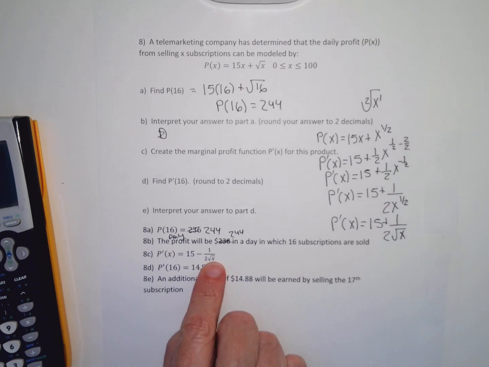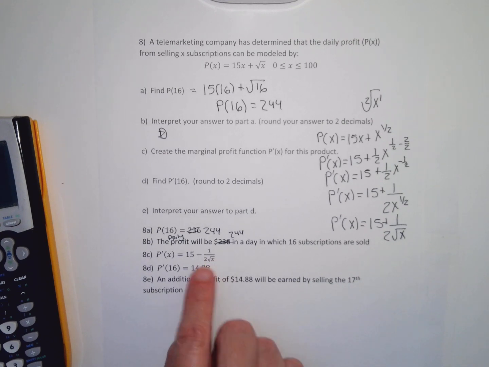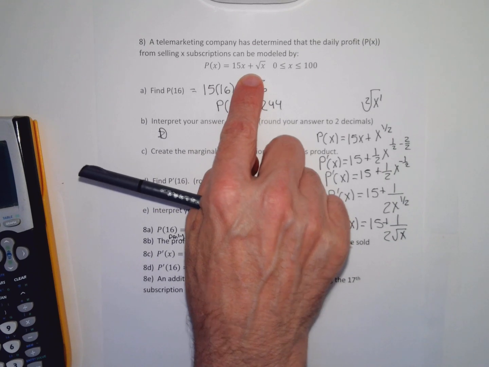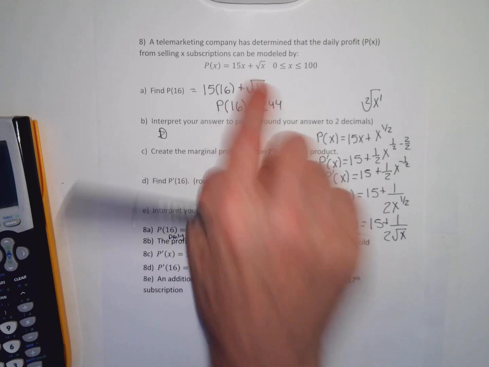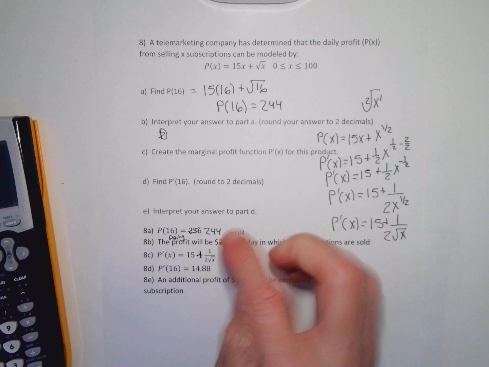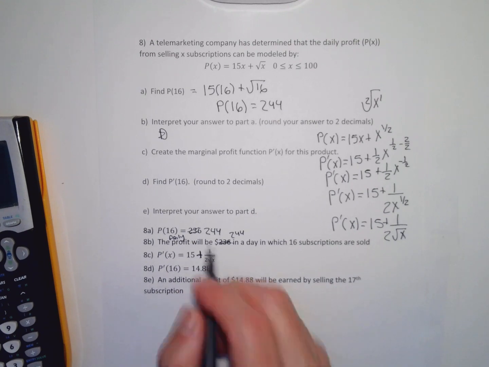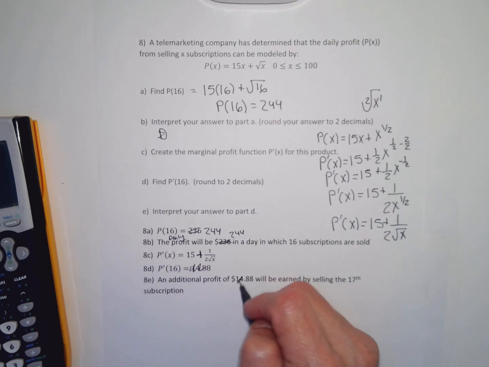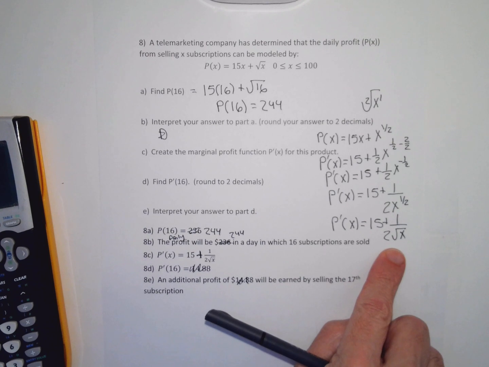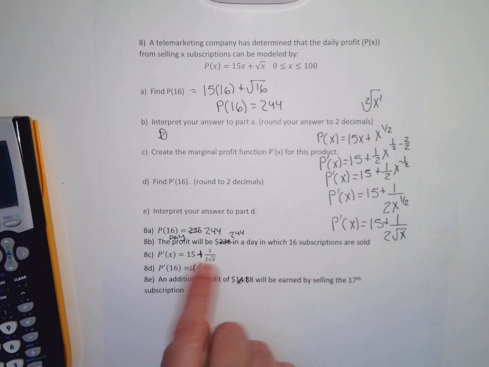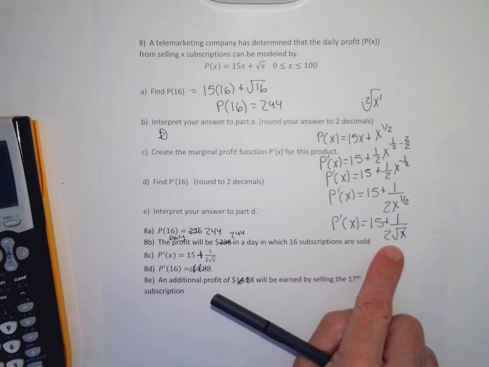And there's what I have there, other than I have a minus sign. This is what happened. I probably had a minus sign there and I changed it to plus. And that's why these answers were wrong, because I changed the sign and I didn't follow up. Which means probably these are wrong too. So let me fix these numbers. But anyways, this is the answer to part C. The marginal profit function is 15 plus 1 over 2 times the square root of x.